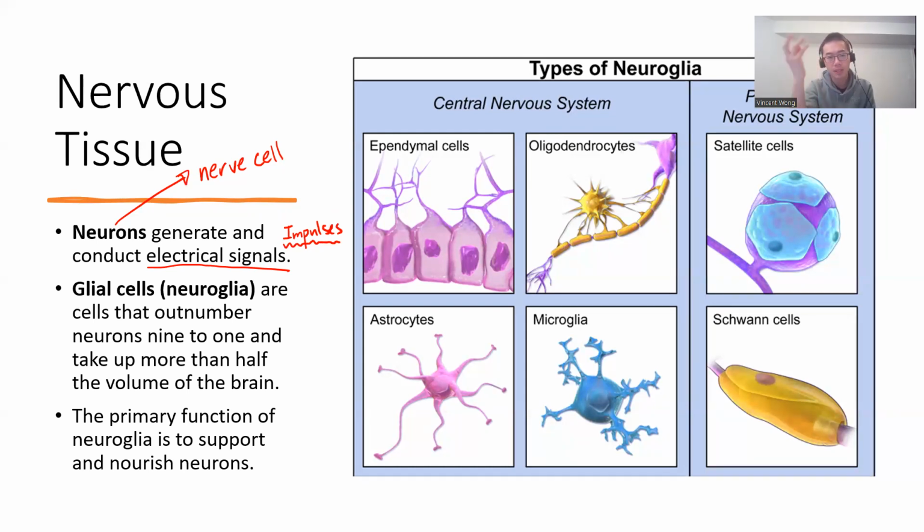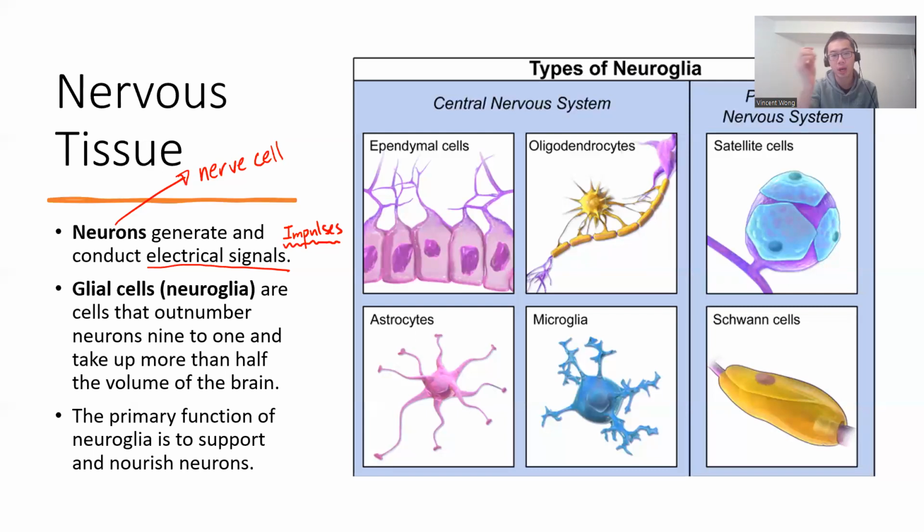These impulses, these electrical signals, are what allow neurons to communicate with each other, say for the brain to send a signal to the hand so that the hand can move. All these communications are done through electrical signals that are being passed along the neuron.